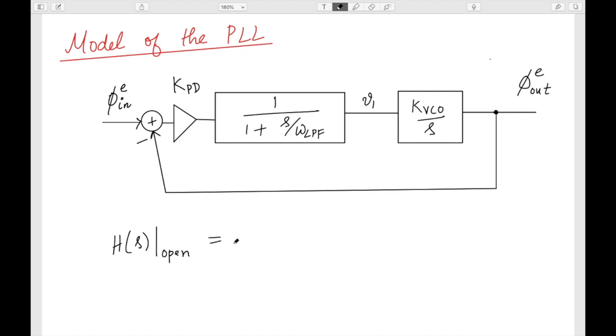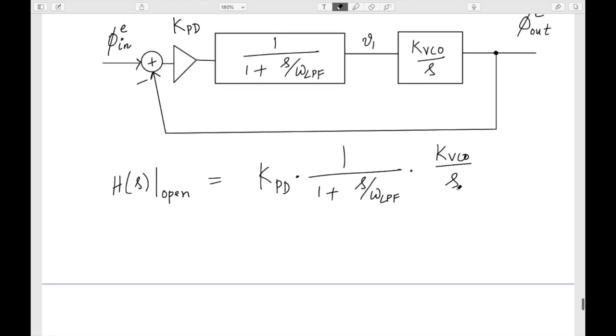So the open loop transfer function is KPD times 1 by 1 plus S by omega LPF, times KVCO by S. If you see here, this transfer function has one pole at the origin and one pole at omega LPF.